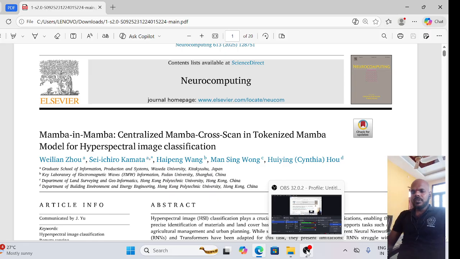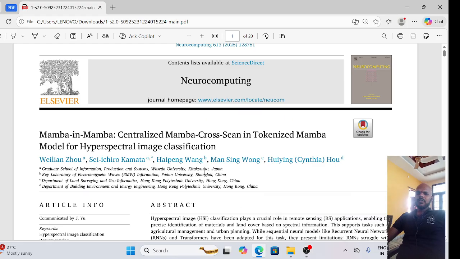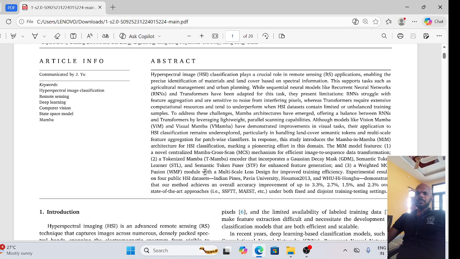In this video you can see the title, Mamba in Mamba. So the main objective is how to read a research article. First of all, you have to read the abstract. In the abstract you can see what work was actually done, what the outcome of the paper is, and why this paper is needed.